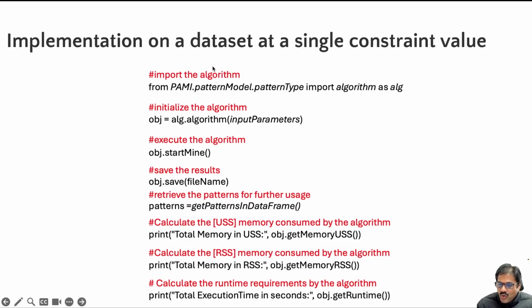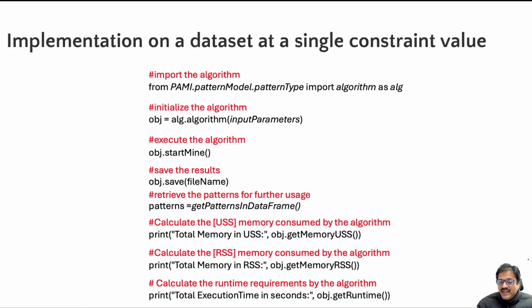Once we have imported this algorithm, we initialize it with the necessary input parameters. Then we start the mining process and extract the patterns. The generated patterns will be saved in a particular file.